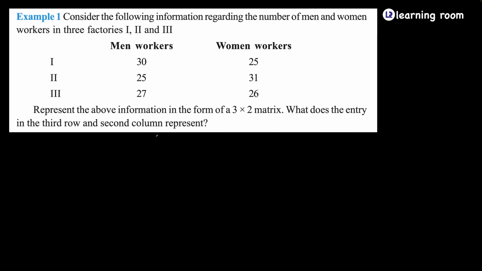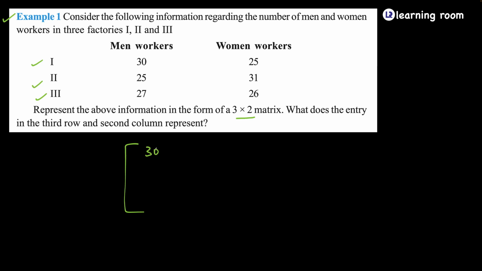Now, based on the above discussion, can you tell me how to represent this in matrix form? Let us see example number 1. Consider the following information regarding the number of men and women workers in 3 factories, 1, 2, and 3. Represent the above information in the form of a 3 cross 2 matrix, and say what the entry in the third row and second column represents.